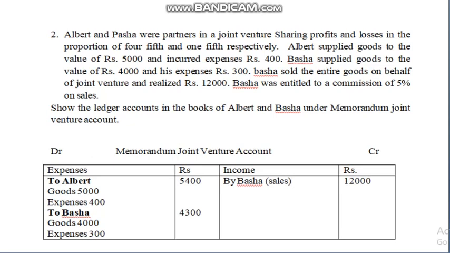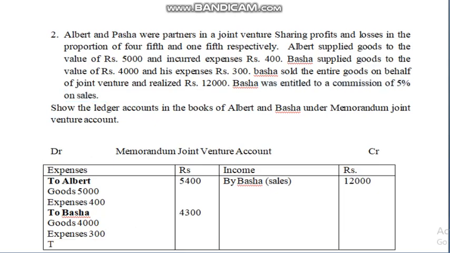Now the last transaction is Basha was entitled to a commission of 5% on sales. So Basha is receiving a commission of 5% that should be calculated on sales, and this commission is an income for Basha but for the joint venture it is an expense. So on the expenditure side record to Basha, because Basha is receiving commission.